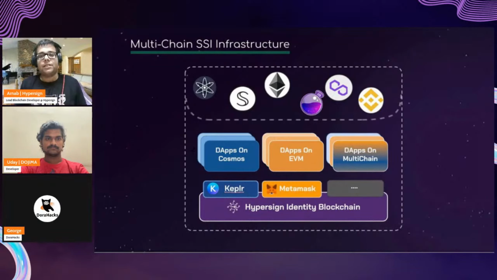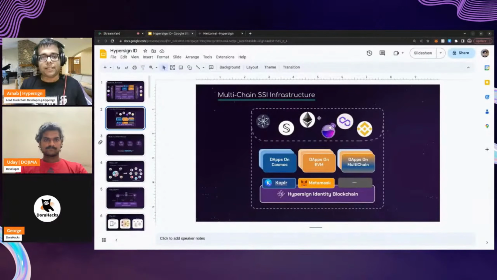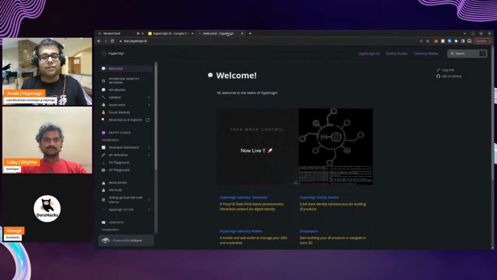So our goal is to extend beyond Keplr and eventually give support to every other blockchain wallet that there is. Currently we have Keplr and MetaMask as the supported wallets, but as we go further, we will also be integrating other wallets from other blockchain ecosystems. So this is the multi-chain SSI infrastructure which Hypersign provides.